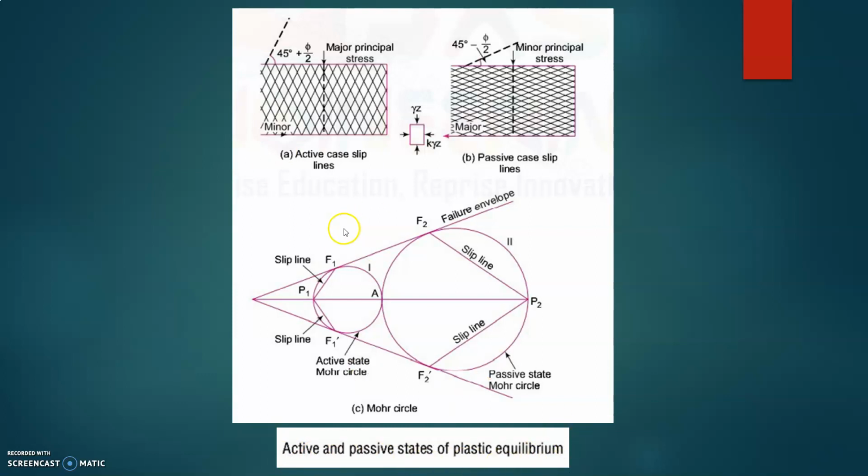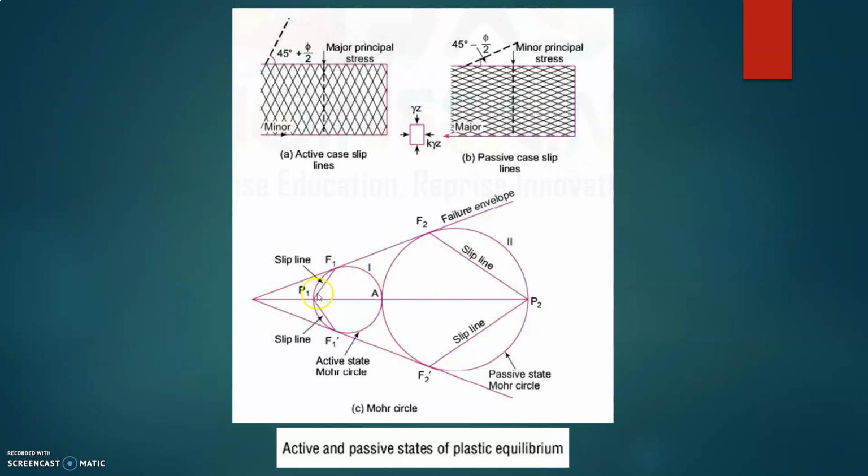You should know how to explain this using the Mohr circle. This is for the active case and this is for the passive case. In the active case, the major principal stress is in the vertical direction and the minor principal stress is in the horizontal direction. But in the passive state, the major principal stress is in the horizontal direction and the minor principal stress is in the vertical direction.